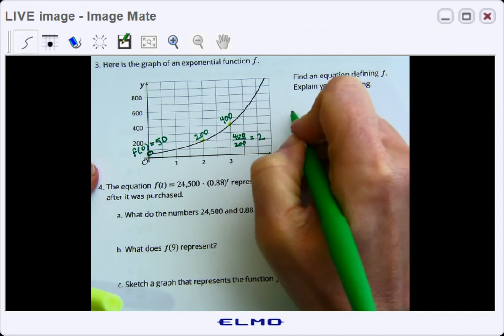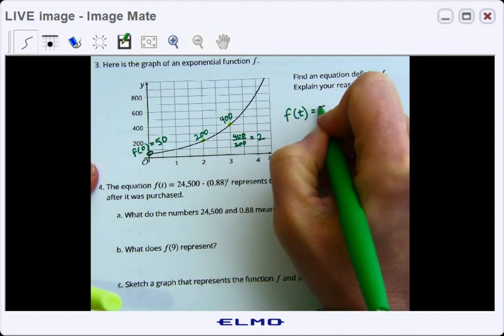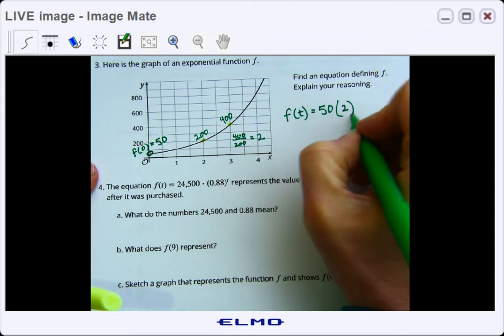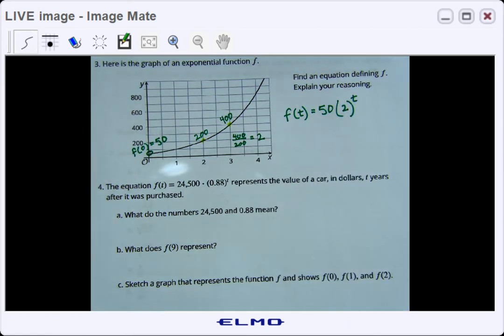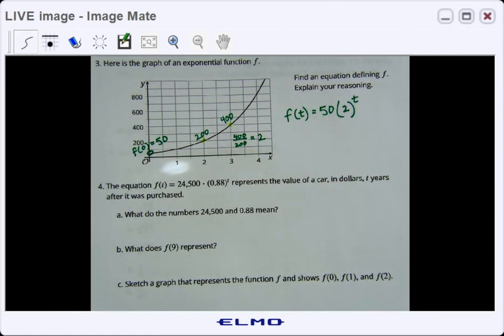So my equation is F of T equals the initial amount times the growth factor, it's doubling, to the T. And I just chose to use T. I was just using T for time. Could have used X. We've just been using T, so that's why I put it there. But either way, you could have any variable there as your exponent.